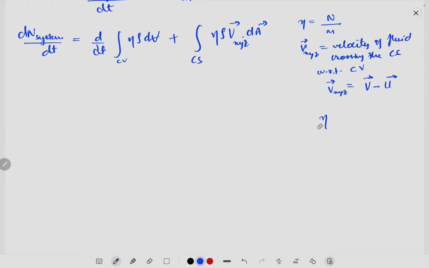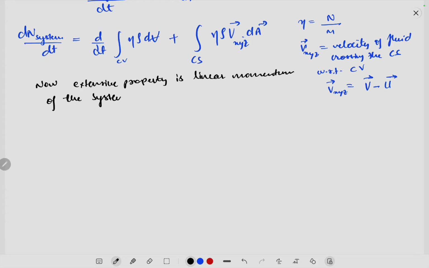Let's just write it now: the extensive property is linear momentum of the system, that is N is equal to P. So this implies eta would be mass times velocity of the system.